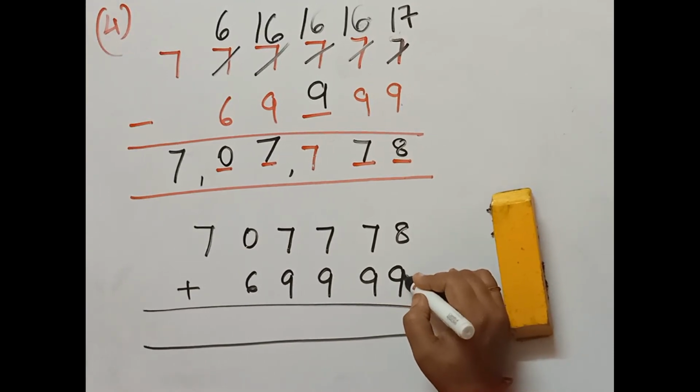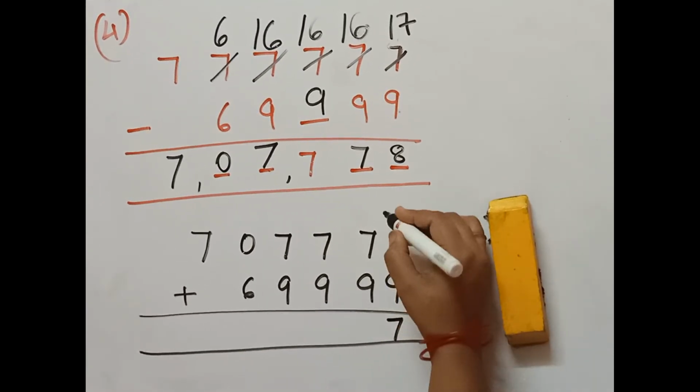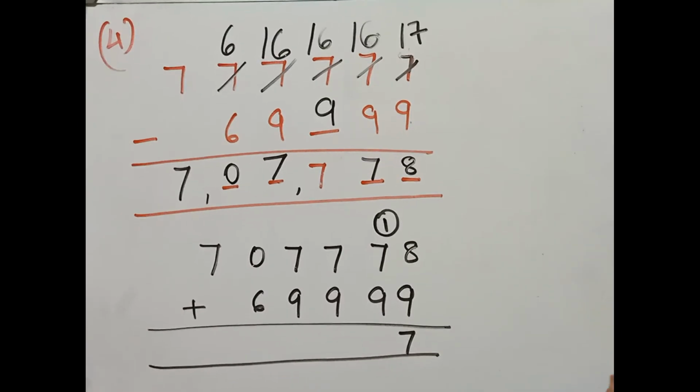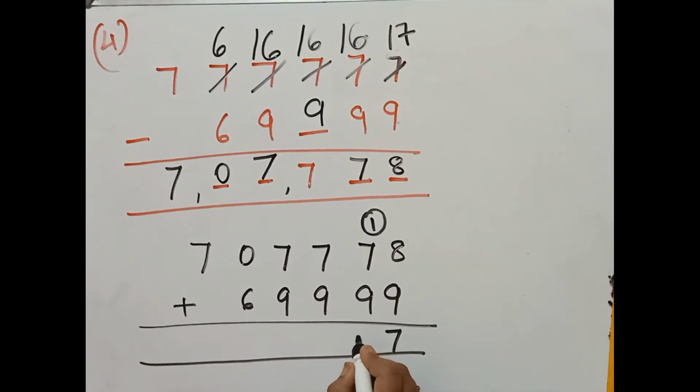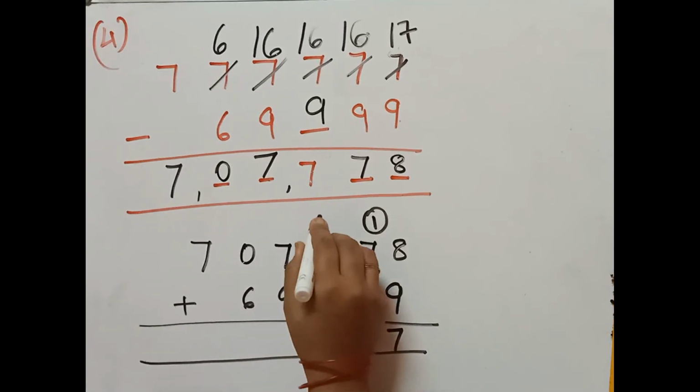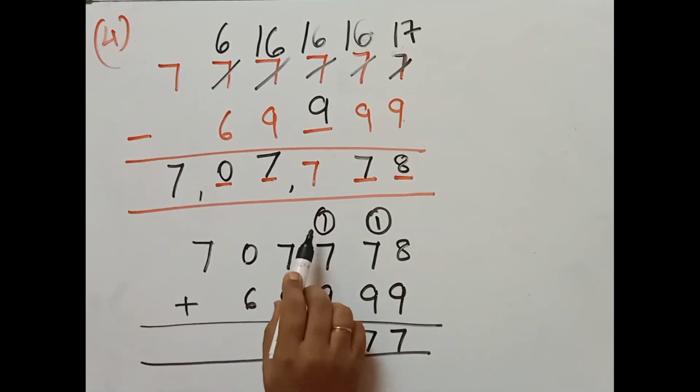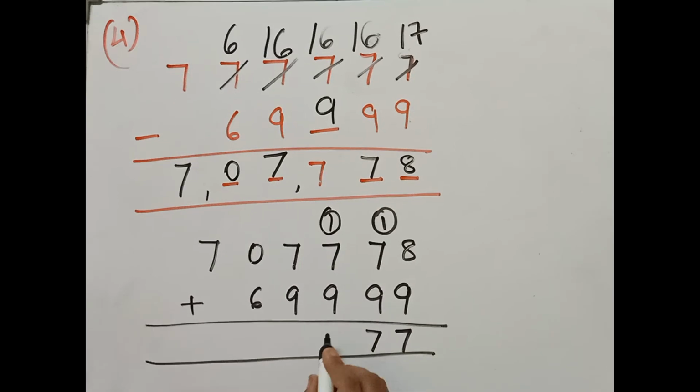8 plus 9, 17. 7, 1 carry over. 9 plus 1, 10. 10 plus 7, 17. 7, again it is carry over. 9 plus 1, 10. 10 plus 7, 17.